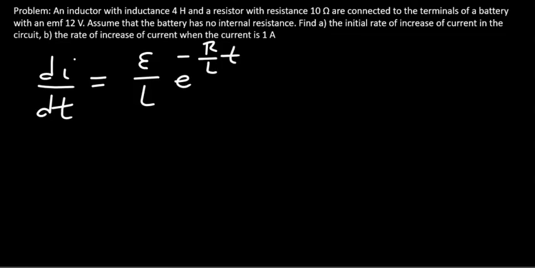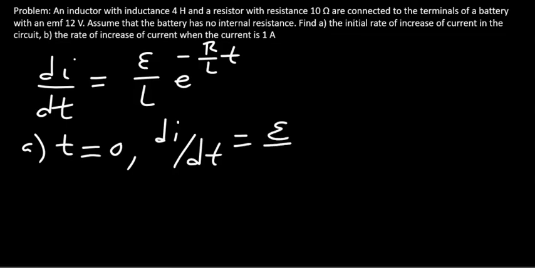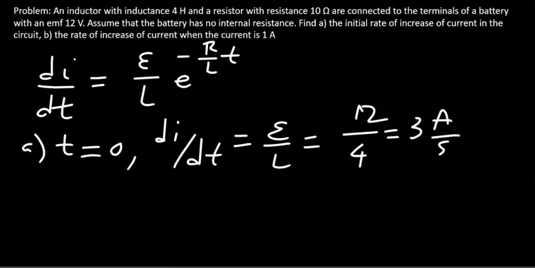So initial rate of increase of current, that is when t is 0, then di dt is quite simply E over L. E is 12 volt and L is 4 Henry. So you get 3 ampere per second.